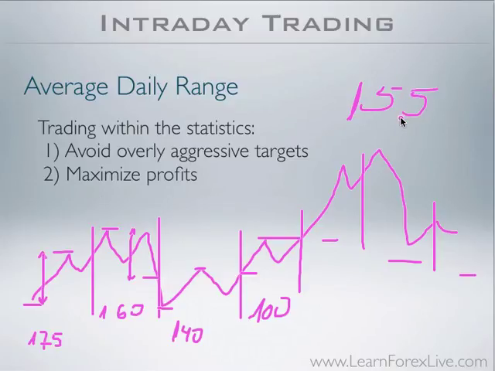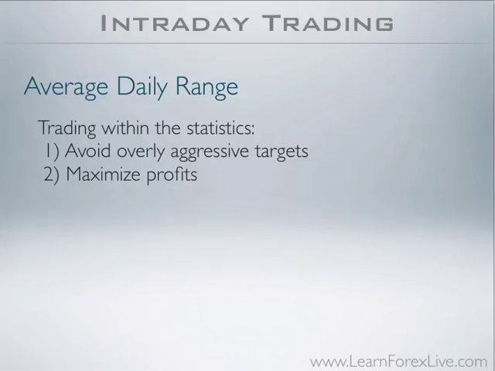Now we know that from a statistical point of view, we can expect that particular currency pair to move 155 pips on average. Maybe a little bit more, maybe a little bit less. Obviously, this is just a statistic, but at any rate, you know that it should be somewhere in the neighborhood of 155 pips.